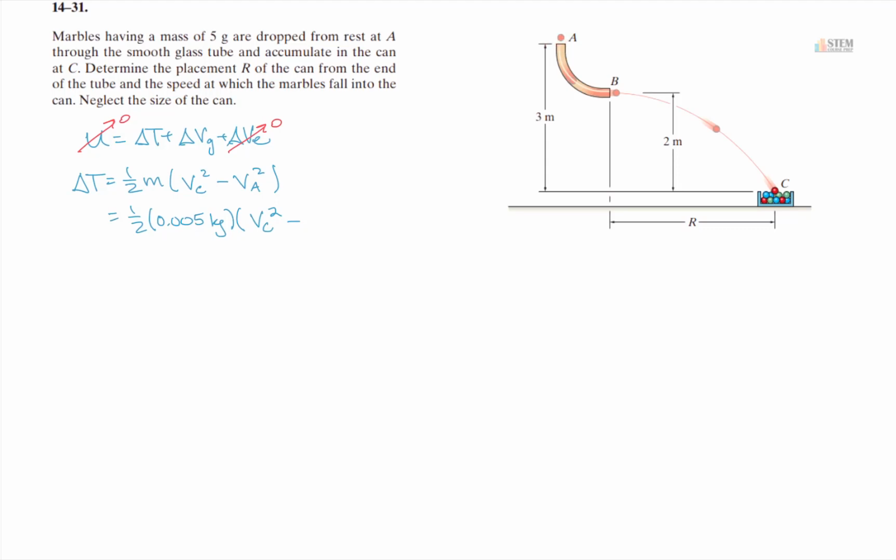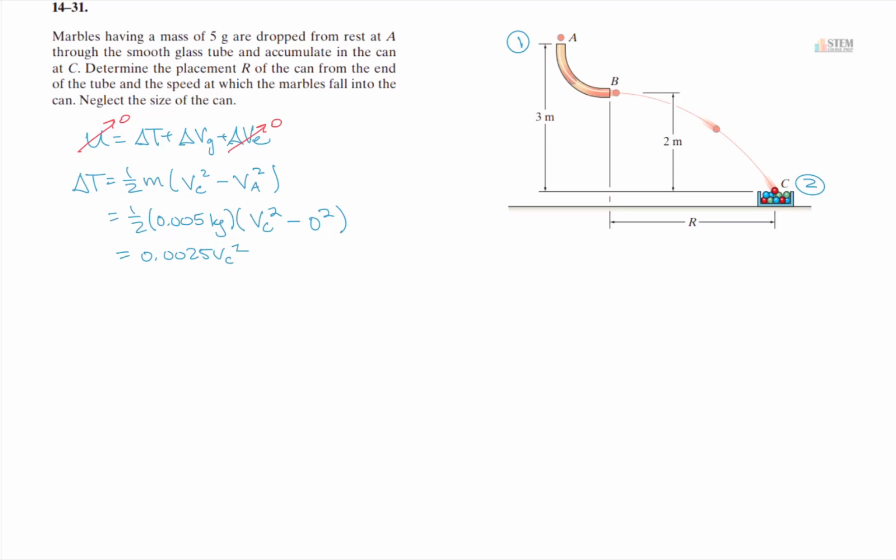Because it says they were dropped from rest. So that will be 0. It might help, this is our starting point, so point 1. And this here would be our final point, point 2. So now, what do we think that's going to equal? Well, that is going to equal 0.0025 Vc squared.